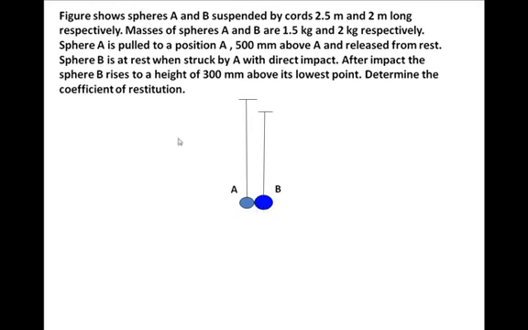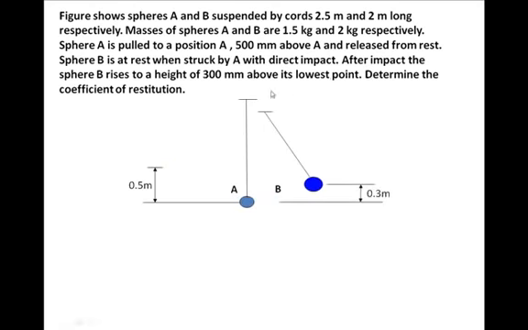Sphere A is pulled to a position which is 0.5 meter above its lowest point, and released from rest. It is held here and then released. What will happen? It will come, hit here, and this pendulum will move like this.